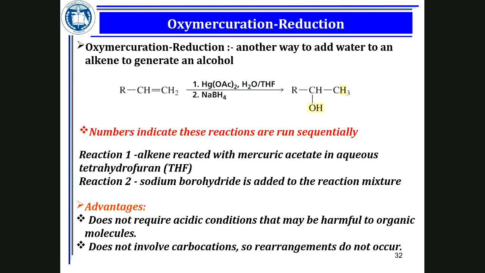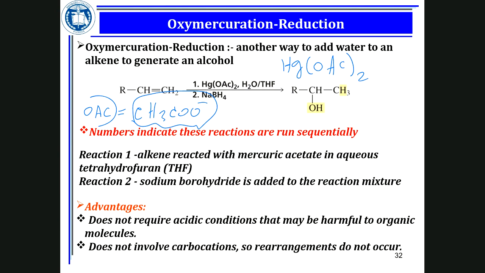The reagent that you are going to bring in is mercury 2 acetate, Hg(OAc)2. Acetate, OAc, stands for the acetate ion, the same as CH3COO minus. So the abbreviation for acetate ion is OAc.